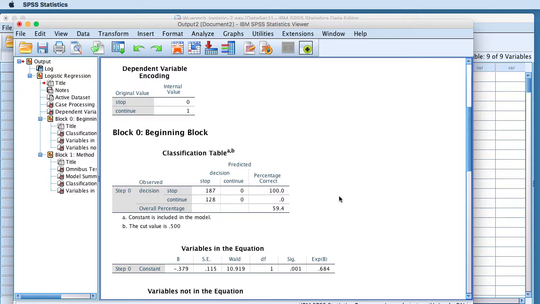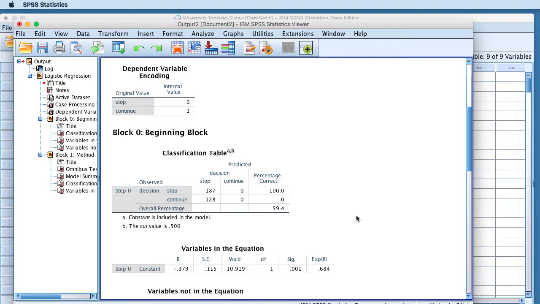And so we don't have any predicted values yet because we haven't looked at the analysis, but the percentage of continue based on the overall study was 59.4%.